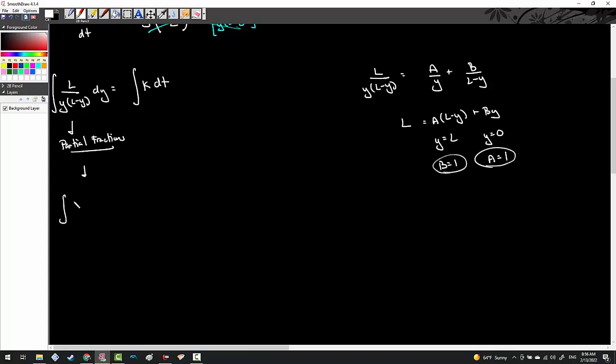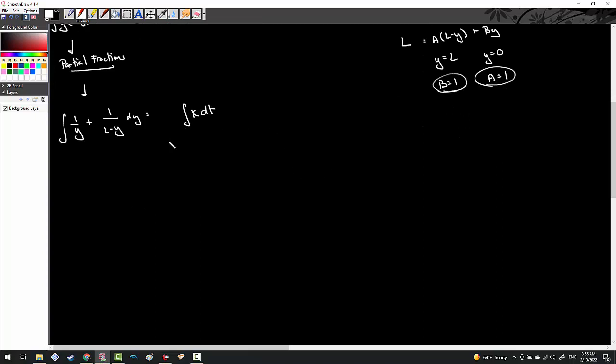And then that means that what we have after the partial fraction mumbo jumbo is the integral of 1 over y plus 1 over L minus y dy equals the integral of k dt. I would expect to be required to do this on the assessment this week. So just make sure you know how to integrate partial fractions and logistic growth.